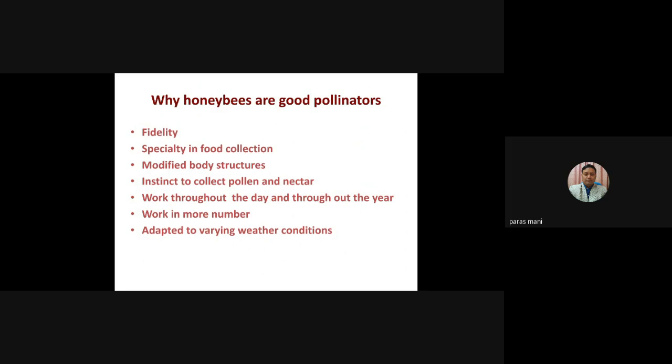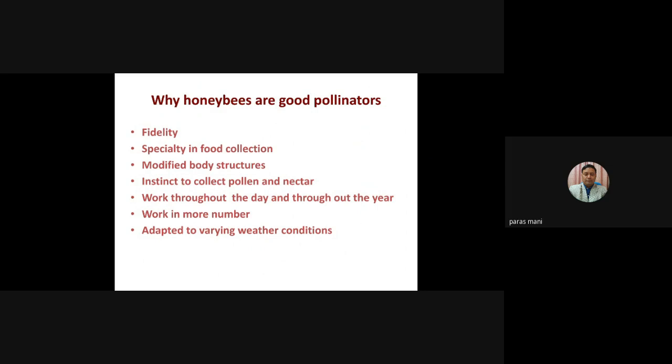Once they go out, they visit different flowers of the same species. So pollen grains from one flower are collected, and when they visit the other flower, naturally the pollen grains are deposited on the female part. Thus cross pollination occurs. So fidelity is one thing.